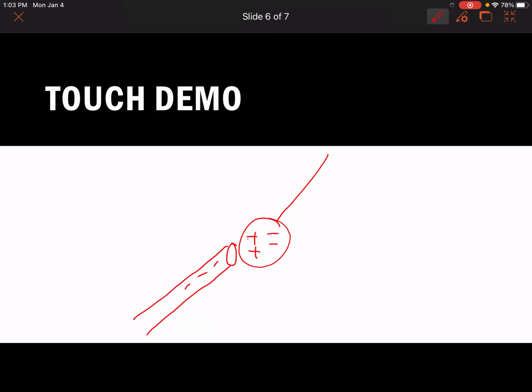So when it actually touches, let's make sure that they're touching there, we have a transfer of charge happening in this one. So we've got a charge transfer. When that happens, the electrons are going to move. Now it's important to remember here that the protons or the positive charges do not move. It is only the negative charges that move, okay?